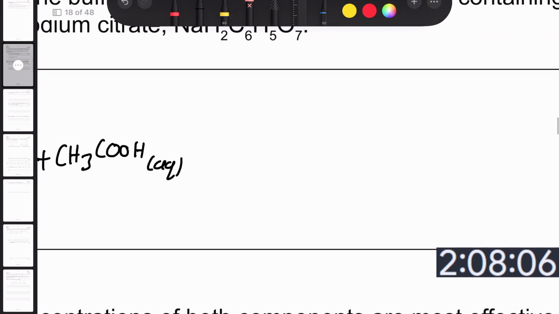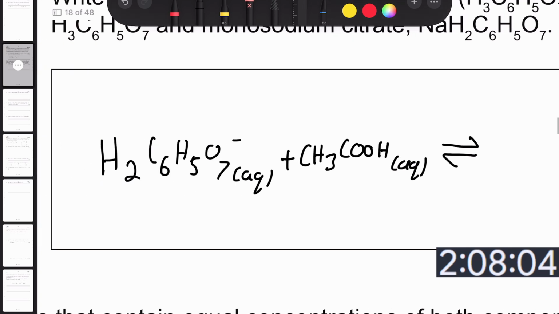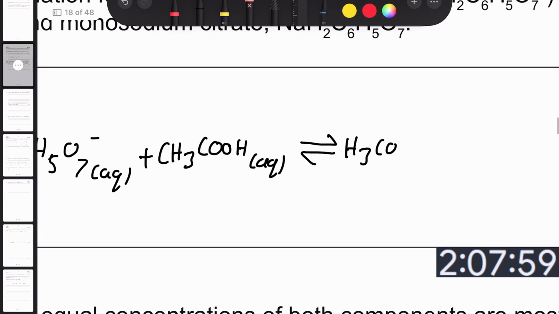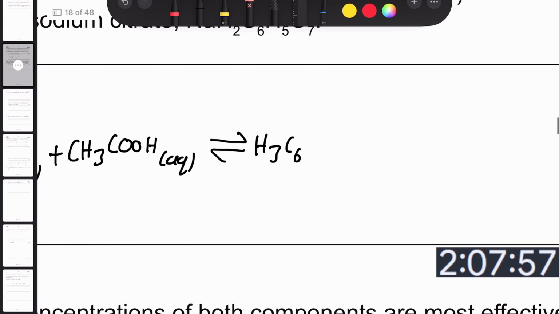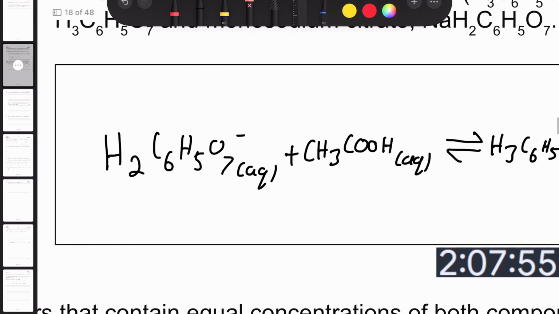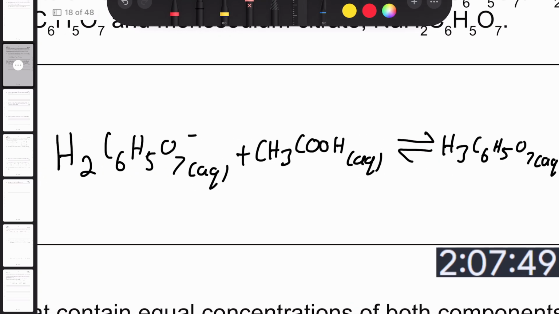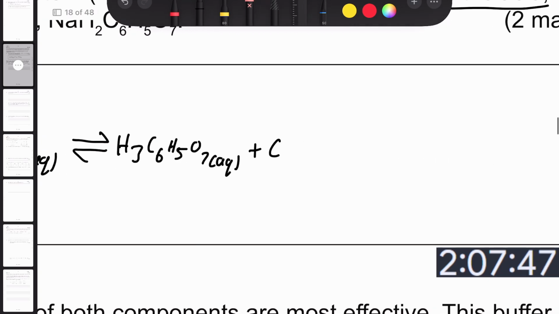And this is a buffer, so it's reversible both ways. And this becomes CH3CO C6H5O7 aqueous plus CH3COO minus.